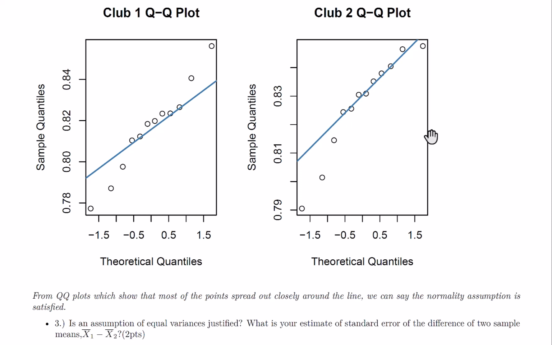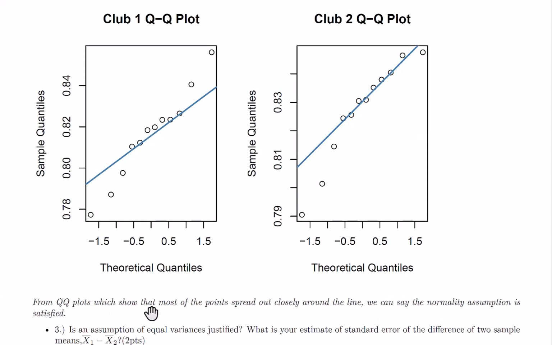But as long as they are close enough, then we could say the samples are really from the population parents, from normal parents. Here, they are kind of close. That's why this normality assumption passed.